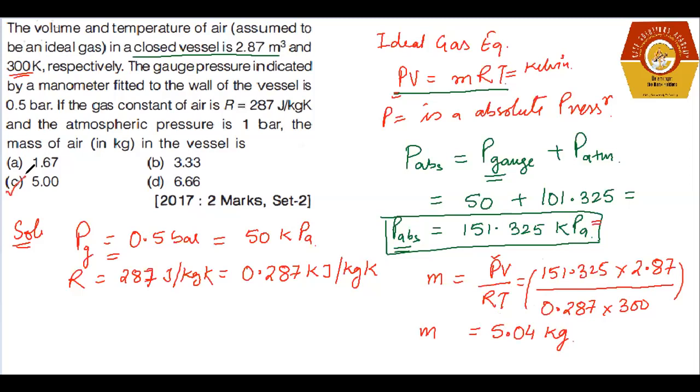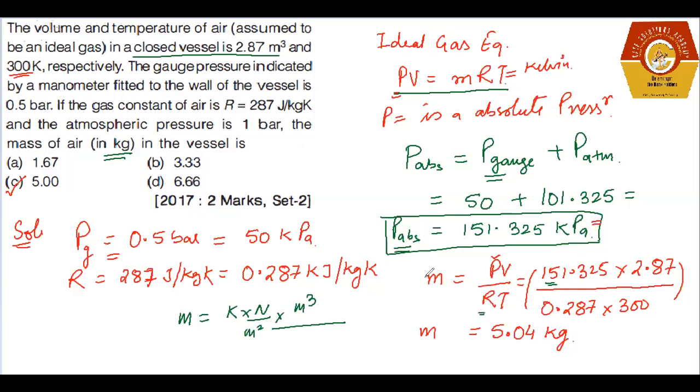So the answer of this question is approximately 5, right? You can also check the unit, because they asked in kg, so your answer is also in kg, right? If I write the unit of mass now: kilopascal is kilo into Newton per meter squared, multiplied by meter cube.